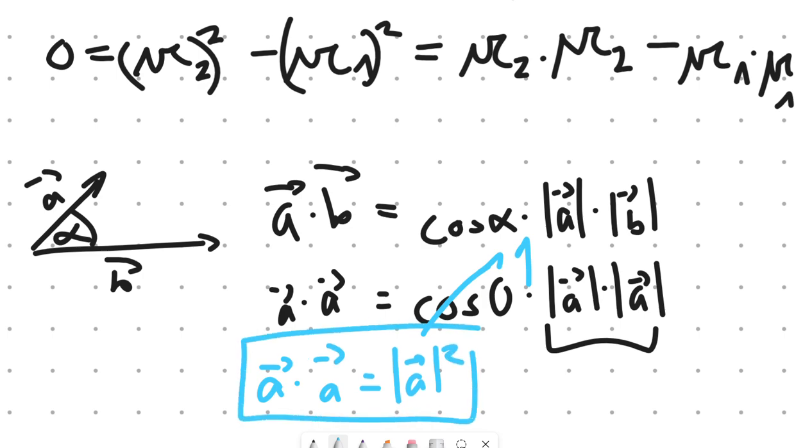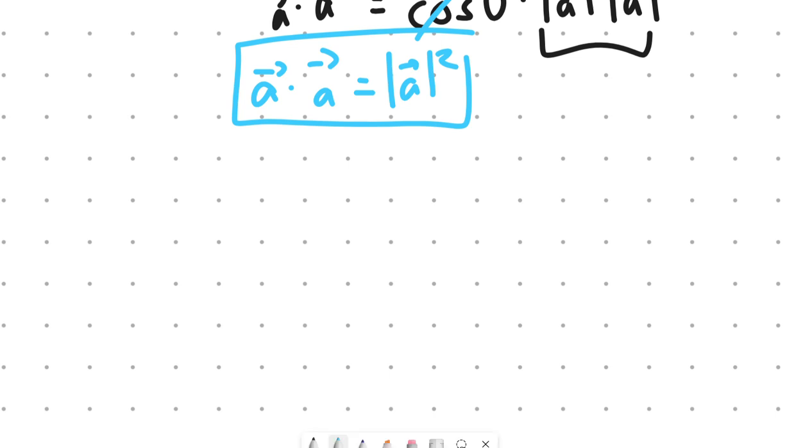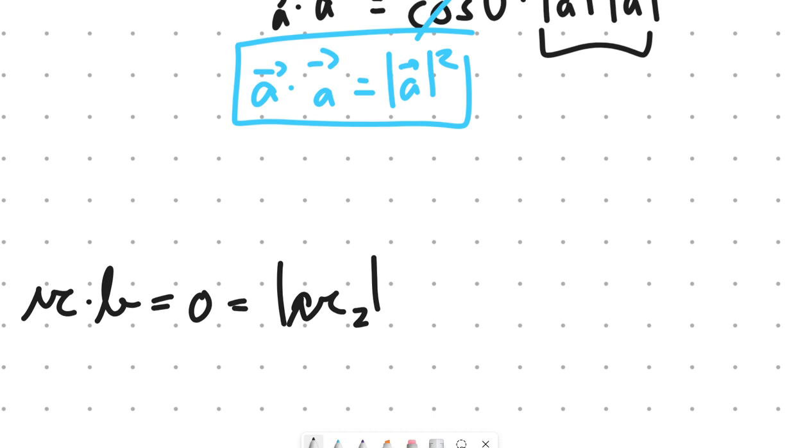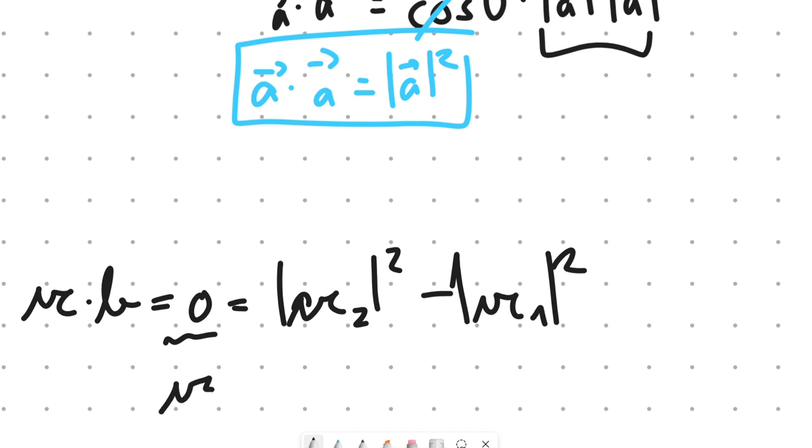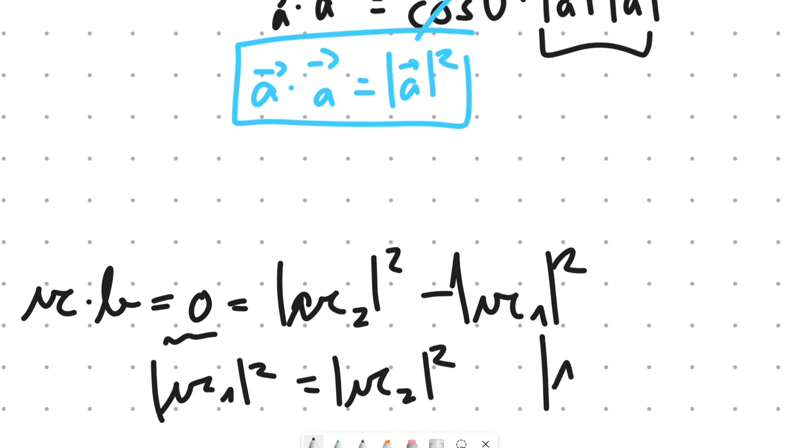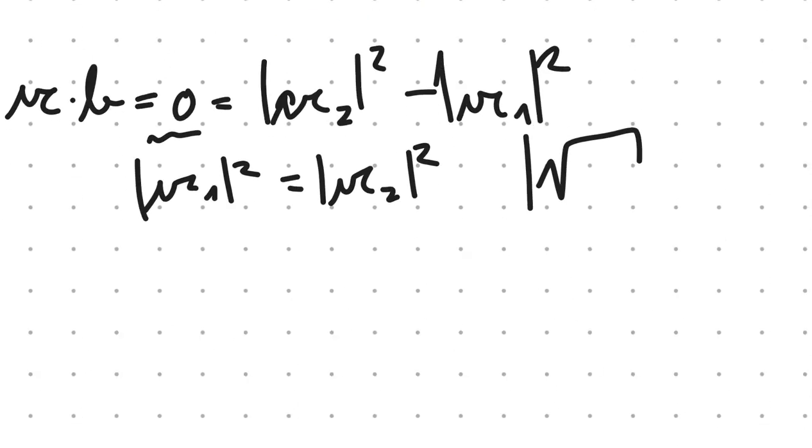Using that property for my u2 and my u1, we get that u times b is equal to 0, which is equal to the absolute value of u2 squared minus the absolute value of u1 squared. Now, we can add u1 squared on both sides and take the positive branch of the square root, and we get that the length of u1 has to be equal to the length of u2.